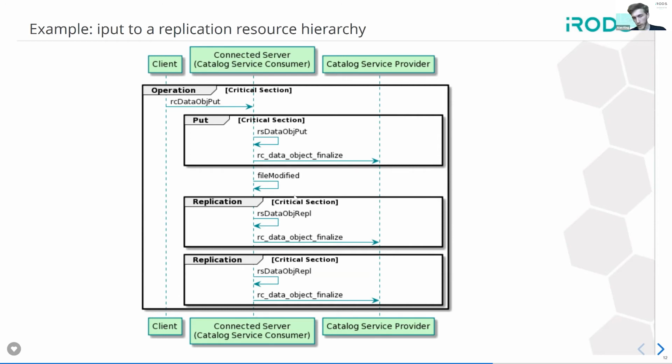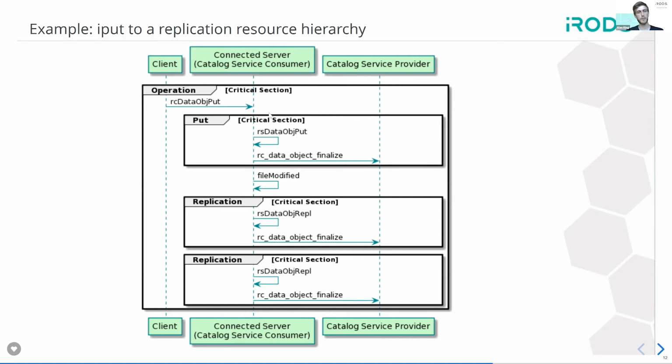So in the case of a replication resource, we have replication. This could trigger multiple REPLs, which I've placed in boxes here. Each of these is enclosed in a box and marked as a critical section. That is, we have to lock those down and make sure that no other agents can come in and open this object while we are writing to one of the replicas in order to maintain the truth.